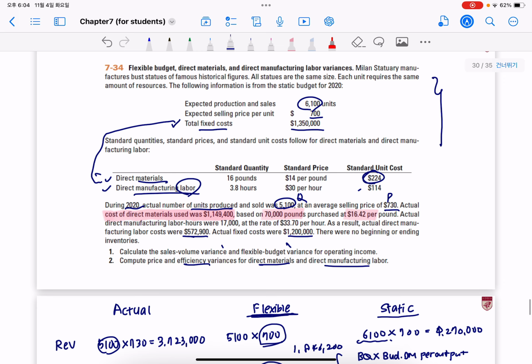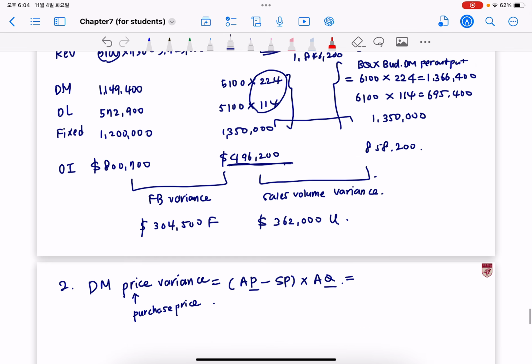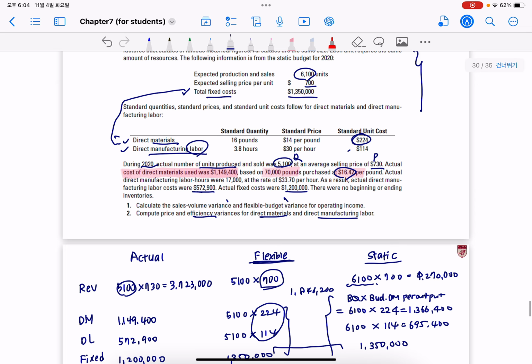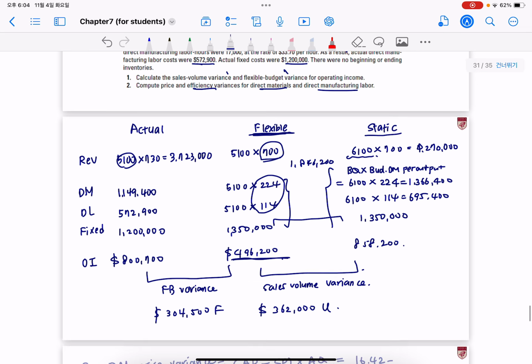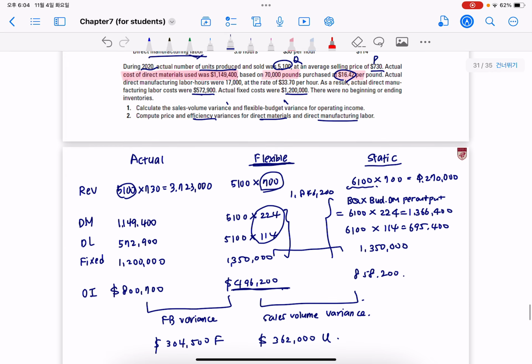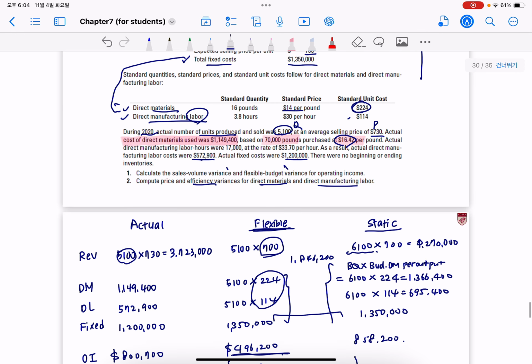Okay, so the actual price of DM is given right here, 16.42. And the standard price is given here as 14. All right, times the actual input quantity. So the actual input quantity is given here as 70,000 pounds.